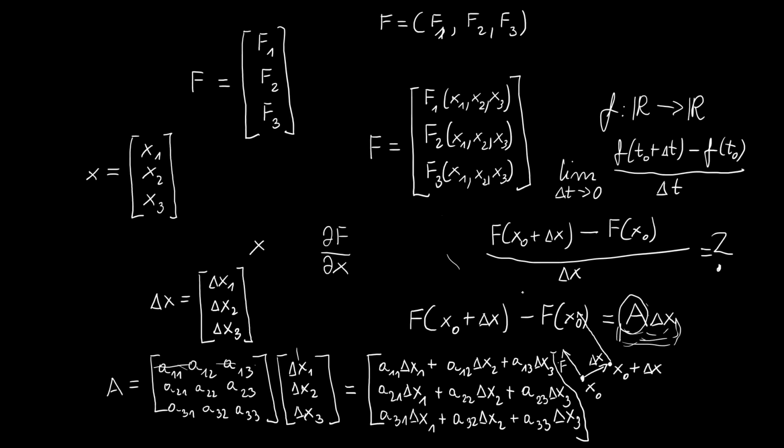So let's first rewrite this. In a given point x0, when we did a small shift of delta x, we have a difference in force that we describe in a good approximation by matrix A multiplied by this small shift vector.